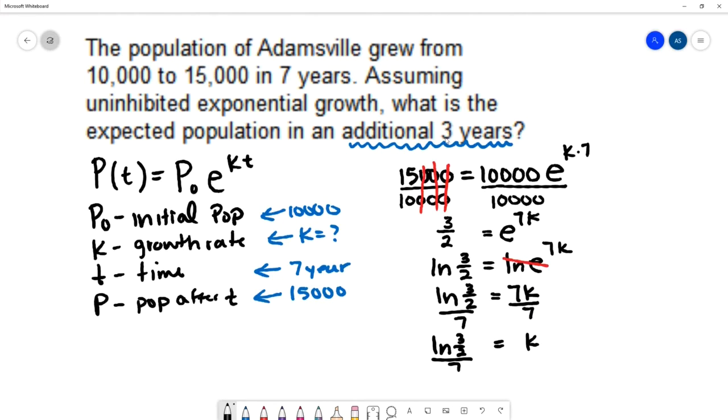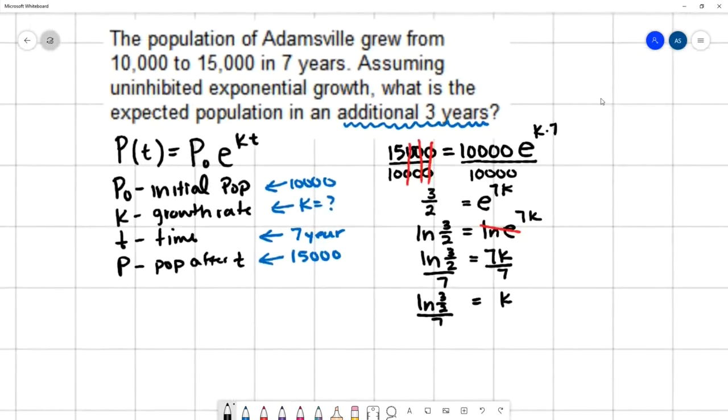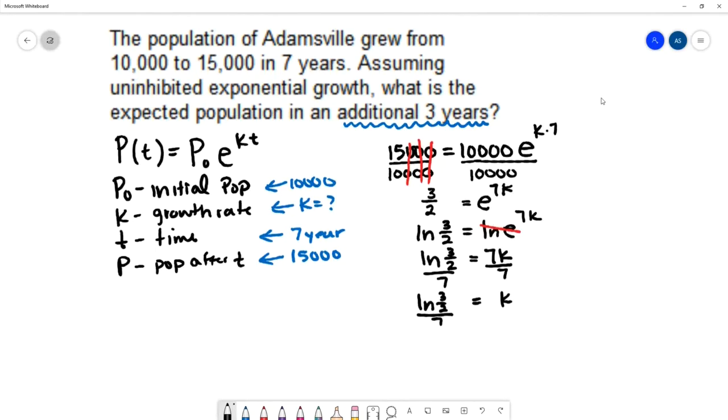But if you want to use the original 7 years plus 3 years, you're going to use 10,000 as your starting population. So let's write it out in both ways.